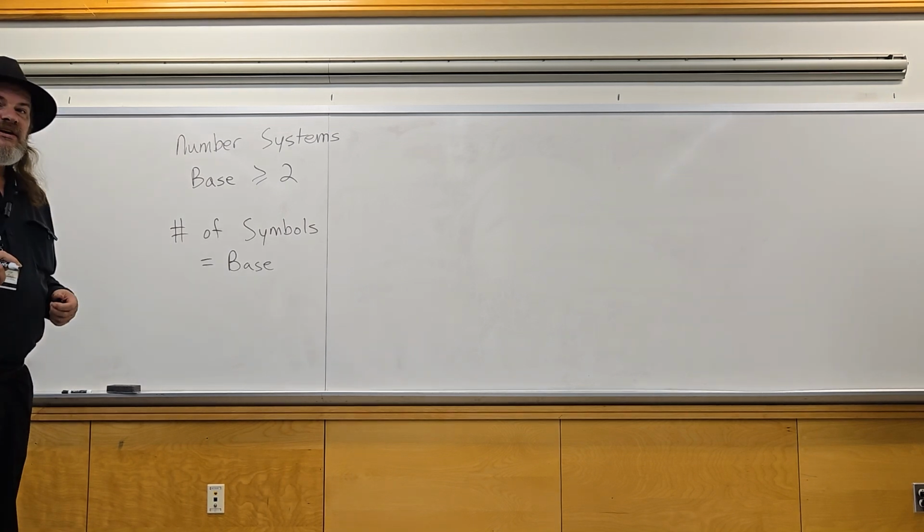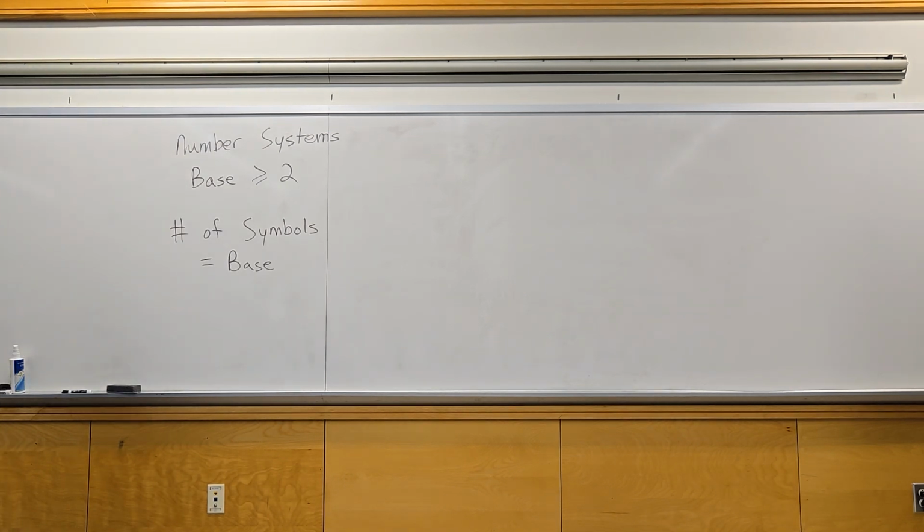We're primarily going to be dealing with decimal, base 10, which is what we use every day; base 2, binary, which is what computers understand; and hexadecimal, an intermediary base, base 16, that makes writing binary easier.